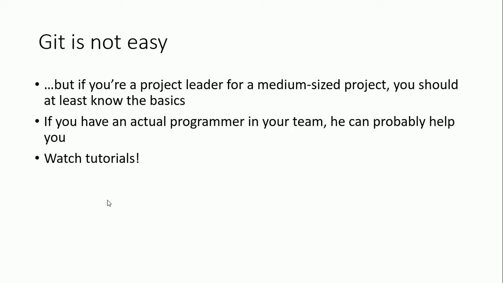But if you are a project leader, if you have a medium-sized project, if you are faced with issues of conflicts, you should definitely know the basics. You should at least know how to retrieve the latest updates for a third-party module that you are using in your game. And that's exactly what we're going to talk about.